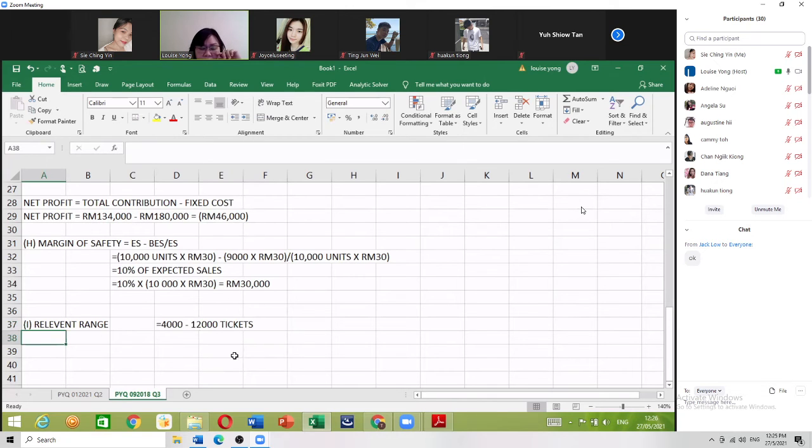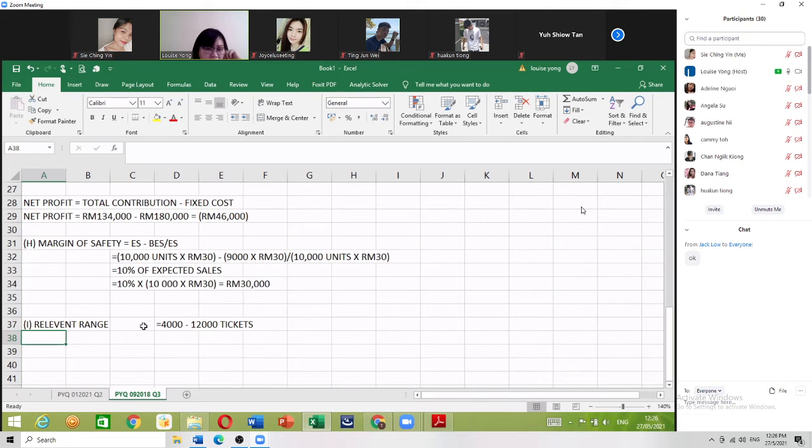什么是 relevant range? 这个是什么意思呢？It means that within this range, 4,000 to 12,000, your selling price, your variable cost, and your fixed cost are constant only in this range.